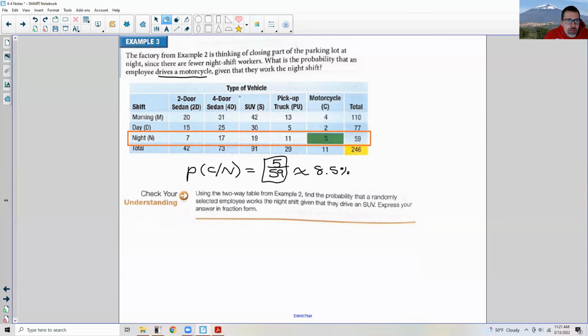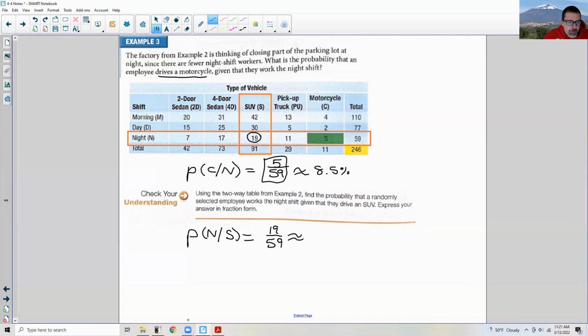Given that they drive an SUV. So we're going to use these two columns. Where do they intersect? At 19. So the probability that a randomly selected employee works a night shift, given that they drive an SUV, is the probability of N given S. And that equals the total number of SUVs on a night shift, which is 19, out of the total number of night shift workers, which is 59.